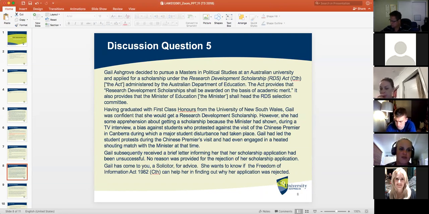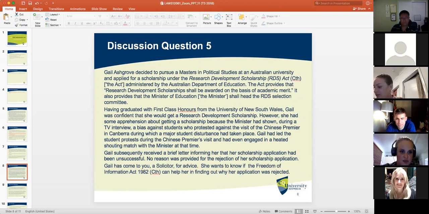Having graduated with first-class honours from the University of New South Wales, Gail was confident that she would get a research development scholarship. However, she had some apprehension about getting a scholarship because the Minister had shown, during a TV interview, a bias against students who protested against the visit of the Chinese Premier in Canberra, during which a major student disturbance had taken place.